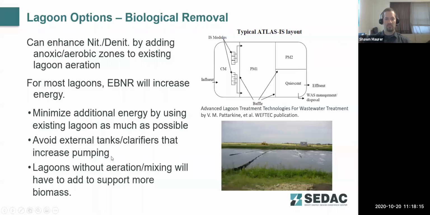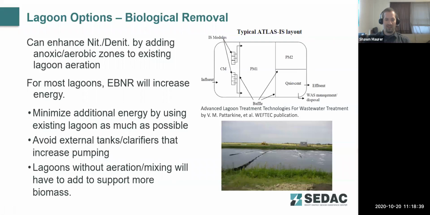Anytime you're going to do enhanced biological nutrient removal, you're going to have recycle streams, return activated sludge added to that process. So if you can avoid adding additional tanks and just recycle within a lagoon basin, you're reducing the head pressure and reducing the pump size, so you reduce the overall energy consumption.